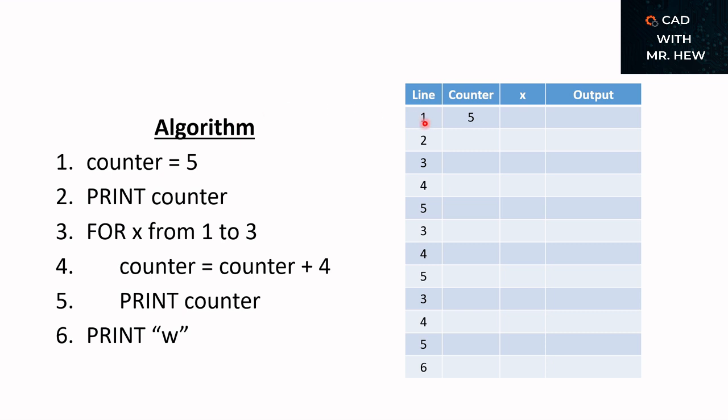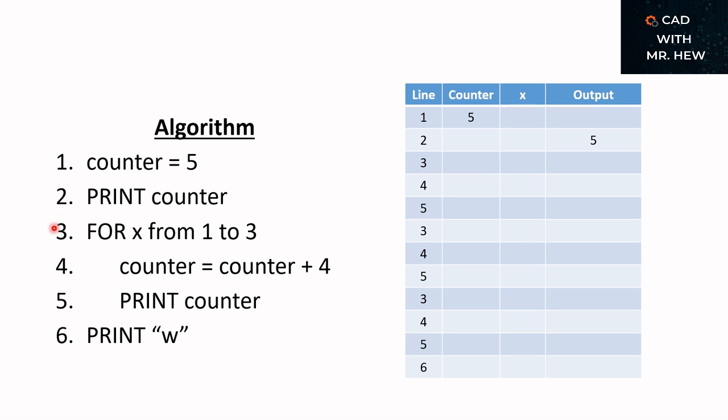Line 1 is for this line, and here we have line 2. Line 2 is saying print counter. In this case, counter is 5 at line 2. So in our trace table for the output, which is print, we'll have 5. So this is line 2 corresponding with the algorithm line 2.